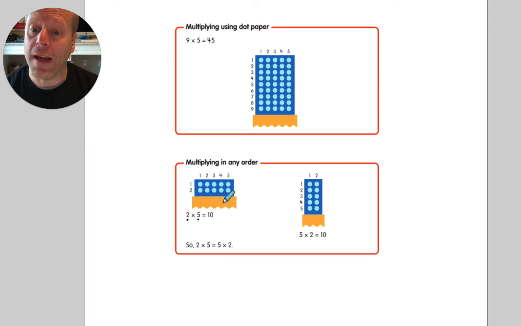The array changes from being sideways to standing tall. But I like to think of it like if I'm lying down on the sofa, I'm still Mr. W. If I'm standing tall, I'm still Mr. W. So you're not really changing the answer. It's maybe just a little bit of how you think about the problem. So you can multiply in any order, you can use dot paper, and you should be pretty good at skip counting. And that's what we're going to focus on.